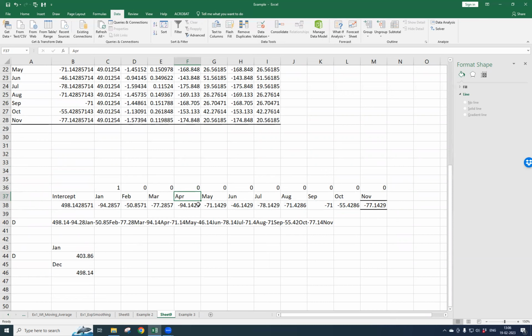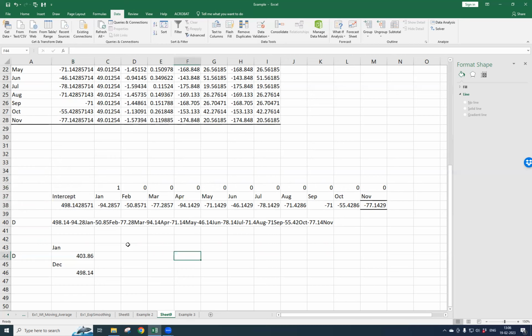Or depending upon whatever you look at, quarters, weeks, days, substitute 1 for that particular category and 0 for others. Now that nth category, which we are not representing as a variable in our regression equation, will generally be represented by your intercept.